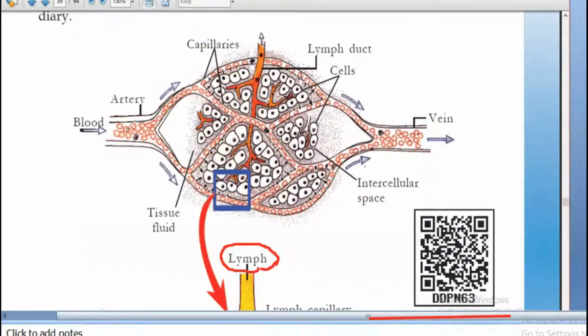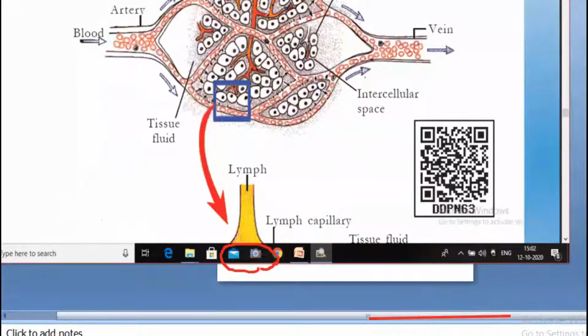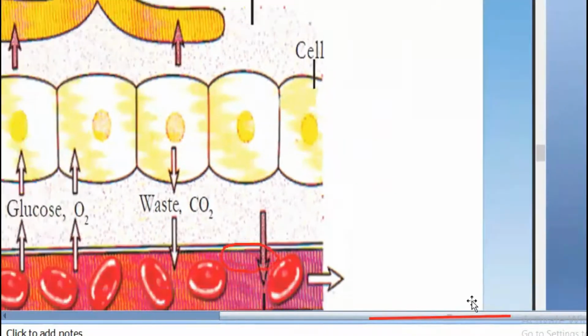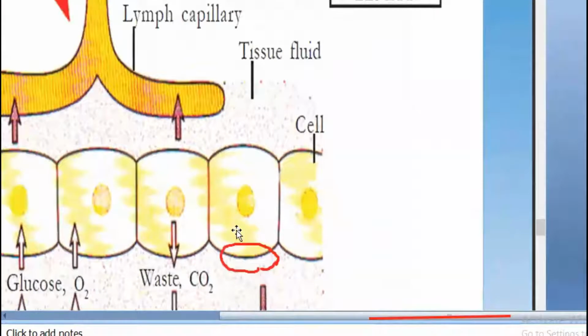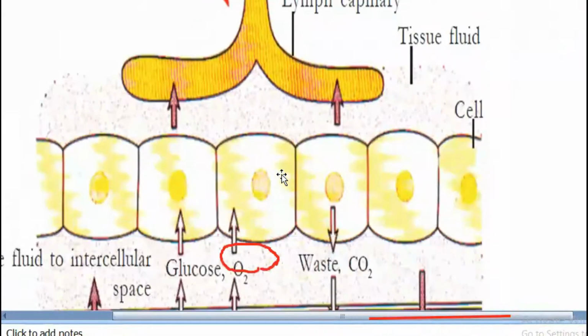In order to understand this in more detail, we can see the other diagram. With the help of this diagram, you'll be able to study more clearly. This is the lymph capillary.